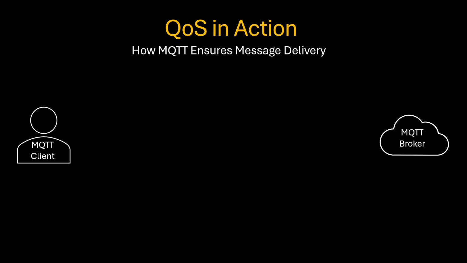Now that we understand the 3 QoS levels, let's see them in action. This diagram visually represents how each QoS level handles message delivery between an MQTT client and broker. QoS 0 will just publish and send a message.